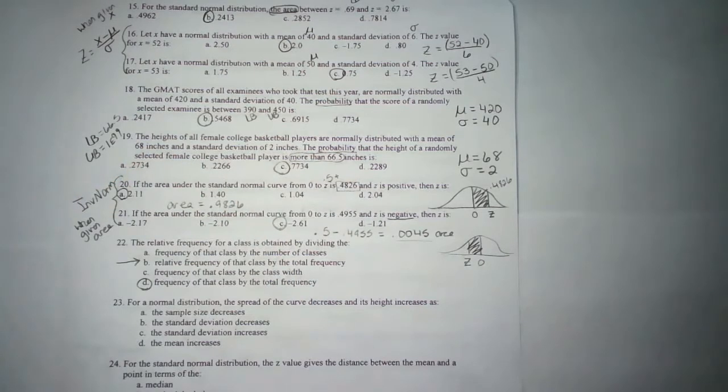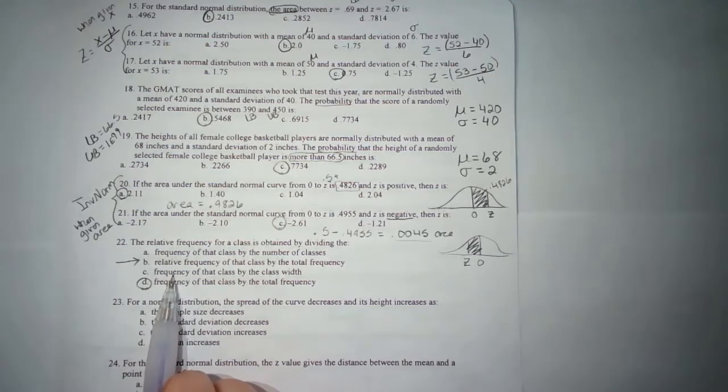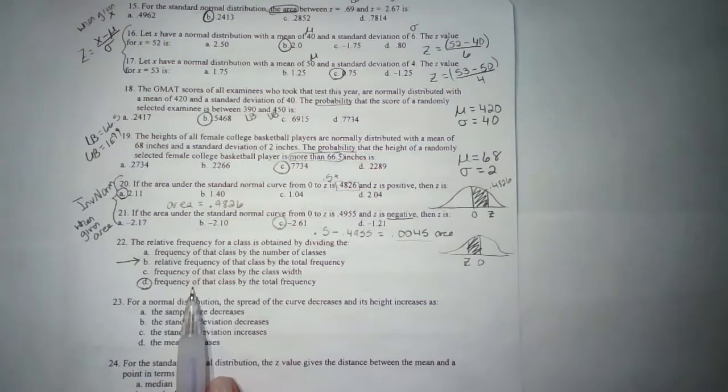Read B. It's the same answer and they added a word in front. Don't pick B. How can you find the relative frequency by taking the relative frequency and doing something to it? You don't know it yet. So how can it be part of the problem? You've got to take the frequency and divide by the total frequency. So be really careful with that one.